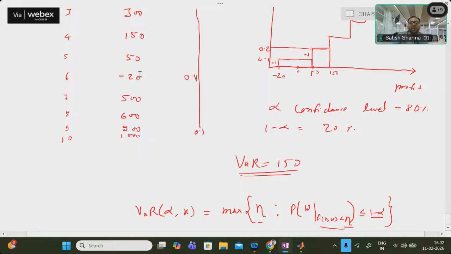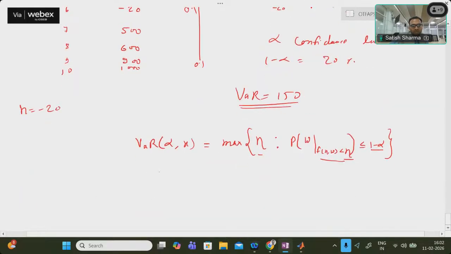So eta can be minus 20, but let's say I start with eta equals minus 20, and if I solve this particular problem, the probability of the function value less than minus 20, with eta value minus 20, compared to 1 minus alpha, where alpha is 80%, it is 20%.